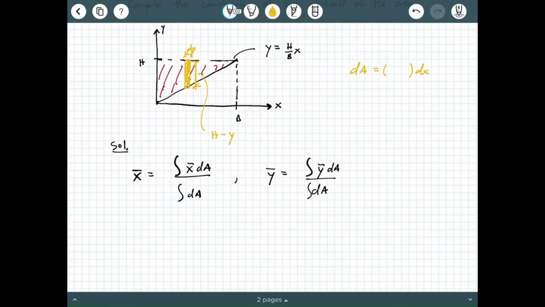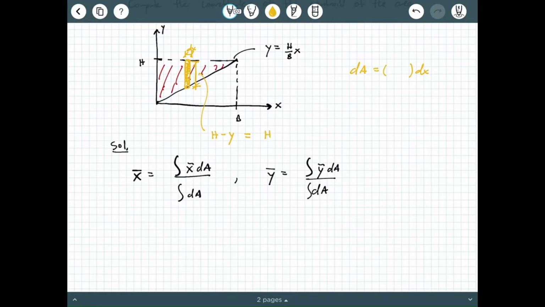Take a look at that. This is h minus y. How in the world am I getting that? Well, if I want this height right here, and the total height is h, and I have this equation that has a height of h over b times x, then I just say total height h minus y.